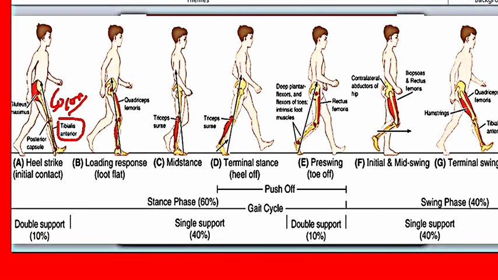But in the loading response stage, you start to have a lot of eccentric activity amongst the posterior tibialis group to prevent excessive anterior tibial translation. And you also have the quadriceps acting eccentrically to control that excessive knee flexion.